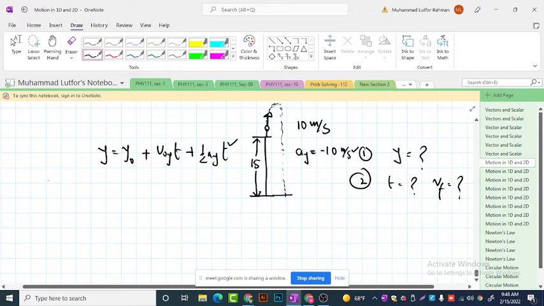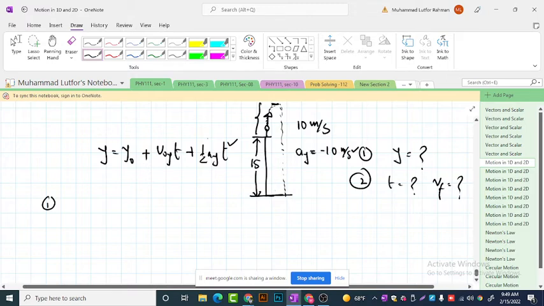Then, if I want to solve how high it goes, I have to find out how high it will go. It could be from the top of this building, or you can also count from the ground surface, right?